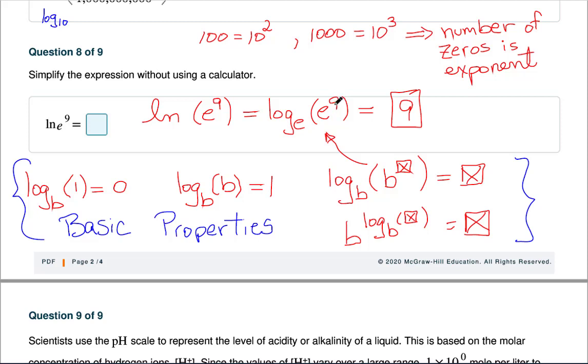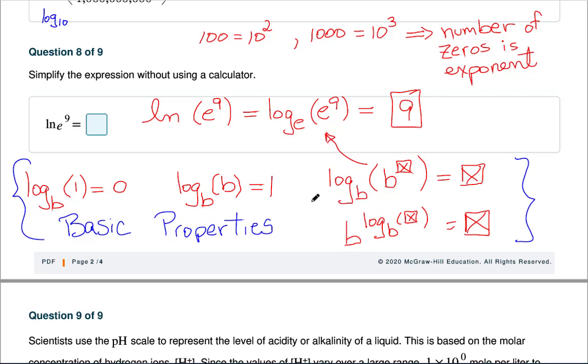And so collecting together some of our basic properties so far, log b of 1 is 0. Why is that? Well, b raised to the 0 is 1. Log b of b is 1 because b to the first power is just b.